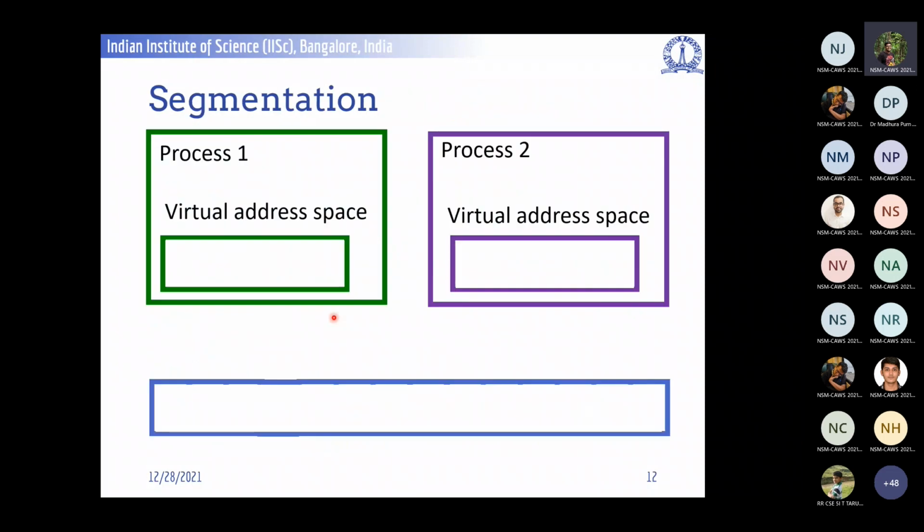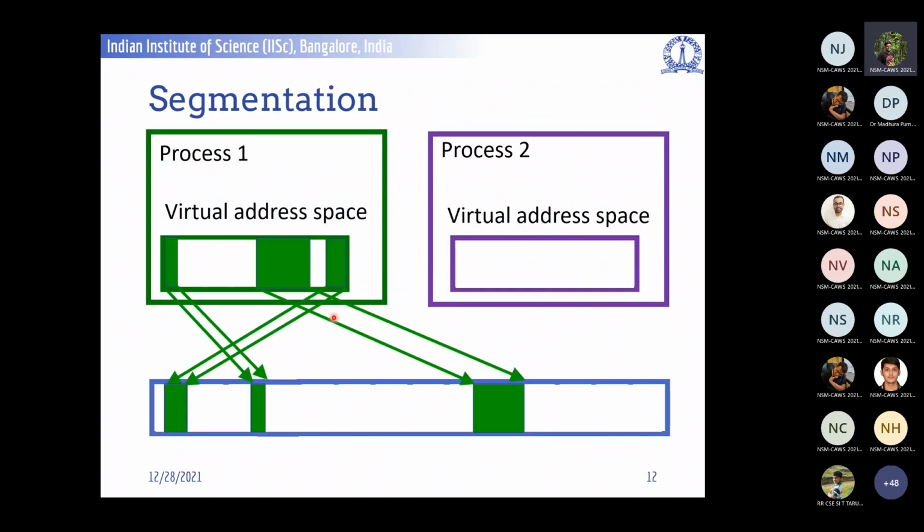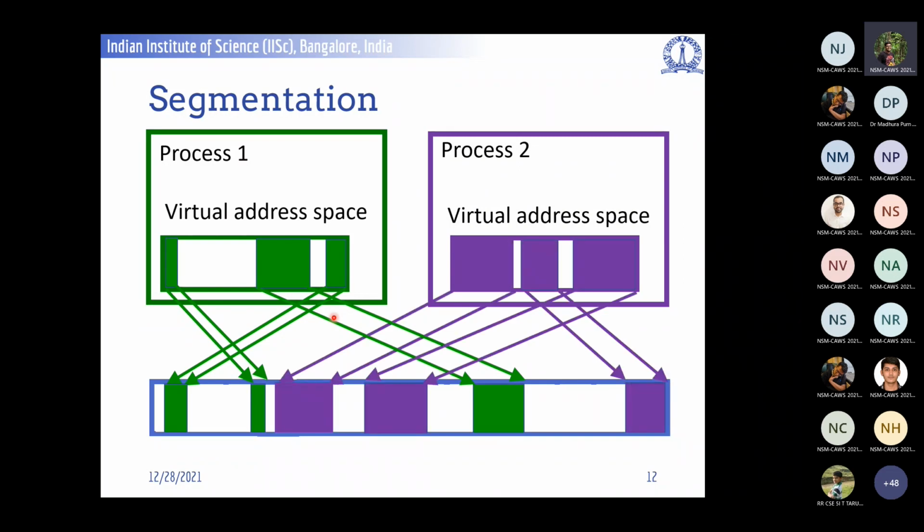So next comes segmentation, where the idea is that instead of one base and bound value, why don't we have five or six of them? That's what segments fundamentally are. Each process can have its own five or six base and bound values, so they become multiple segments.